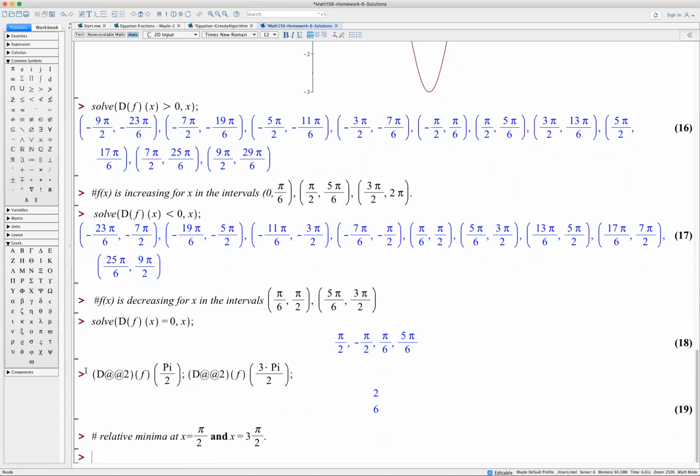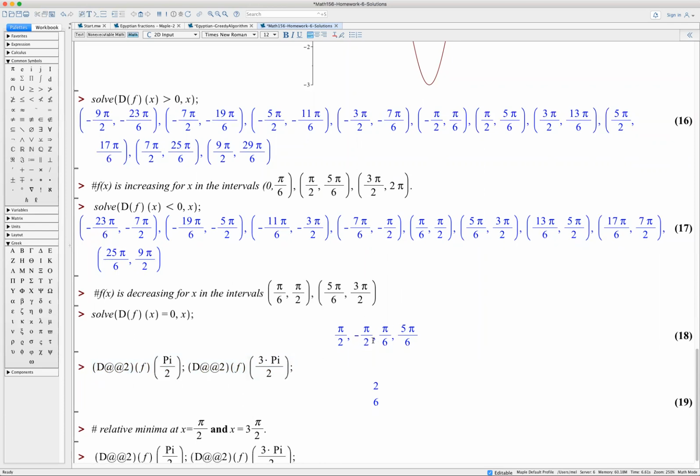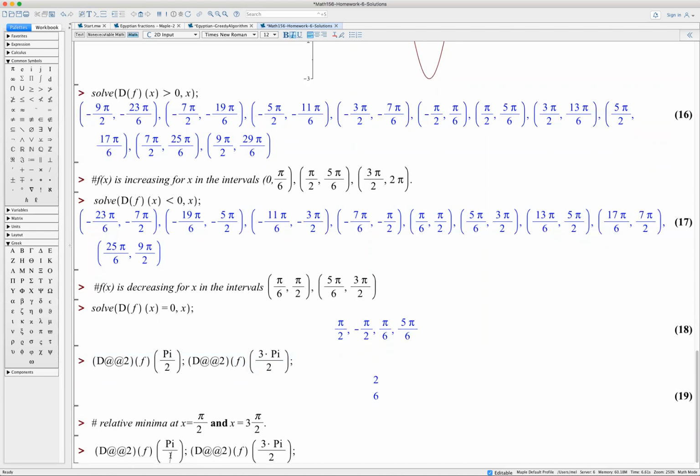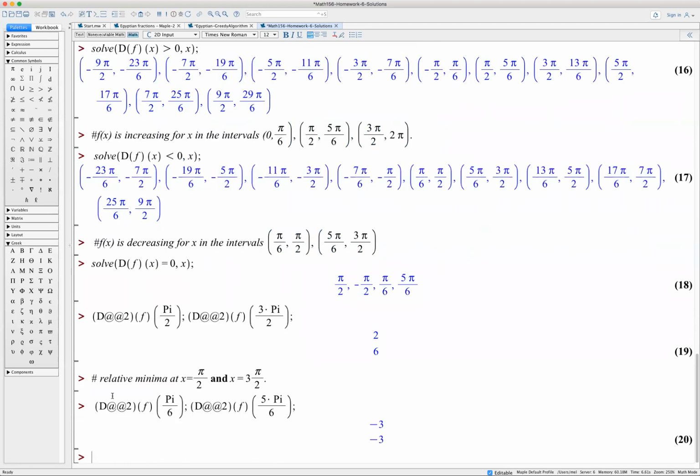And if we evaluate the second derivative at the two other critical points in this interval, which are pi over 6 and 5 pi over 6, they're both negative.